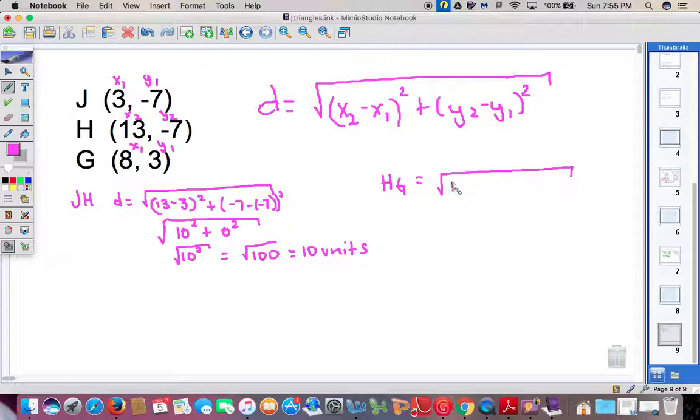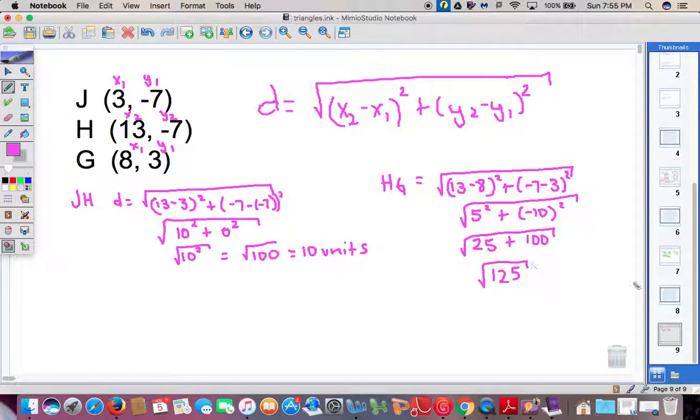So I would have 13 minus 8 squared plus -7 minus 3 squared. 13 minus 8 is 5 squared, plus -7 minus 3 is -10 squared. 5 squared is 25, -10 squared is 100, so this would be the square root of 125, which is approximately 11.18.